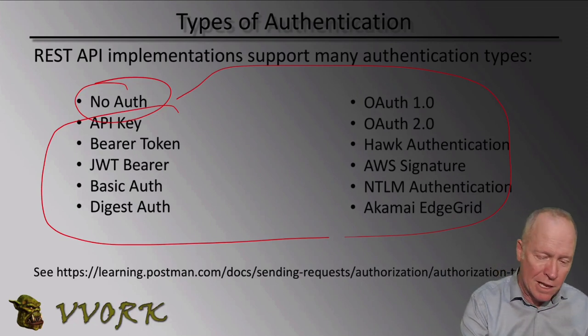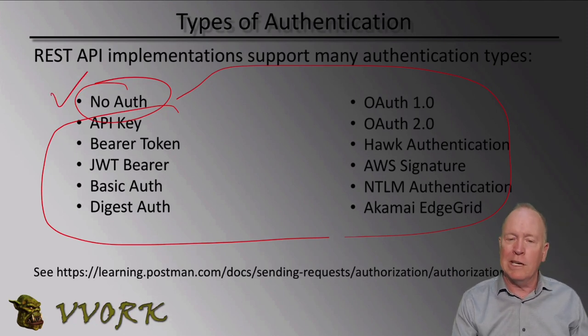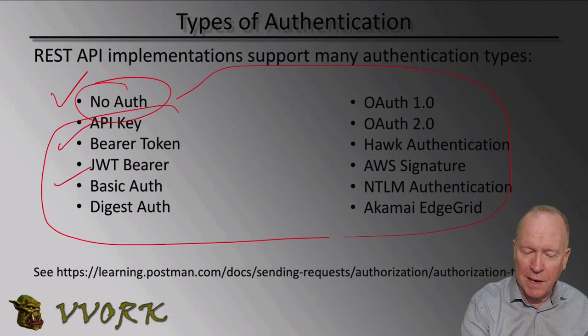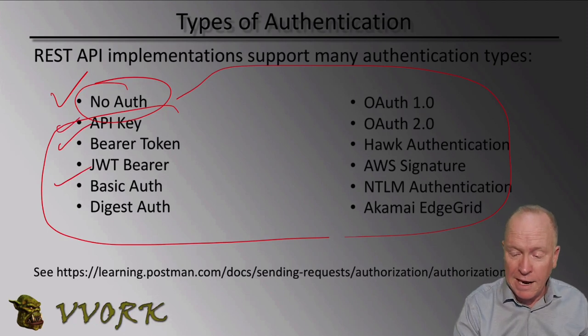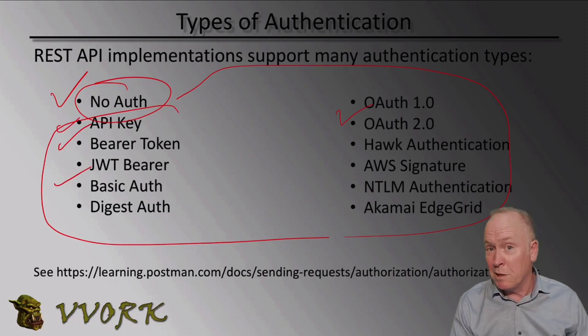In the beginning, well, everybody knows no auth. That's simple. But in the beginning, start simple. Basic auth is simple. Then you've got things like bearer token and API key, which are a little fancier, and OAuth 2. Don't feel compelled to learn all of these authentication mechanisms because you won't. You should learn about the authentication mechanisms as you encounter them, as you work with different REST server APIs.